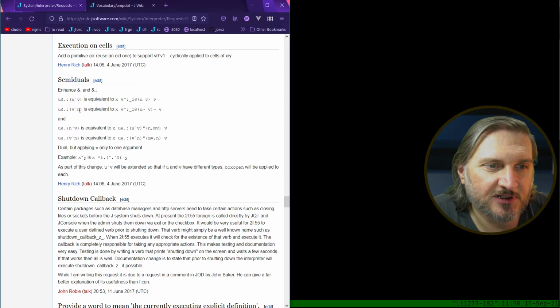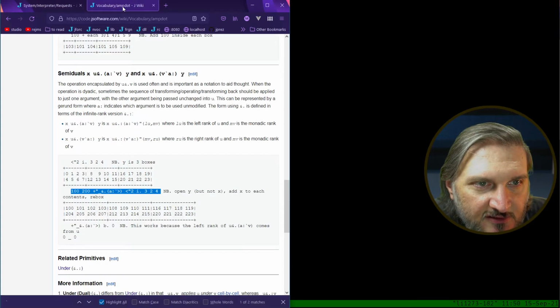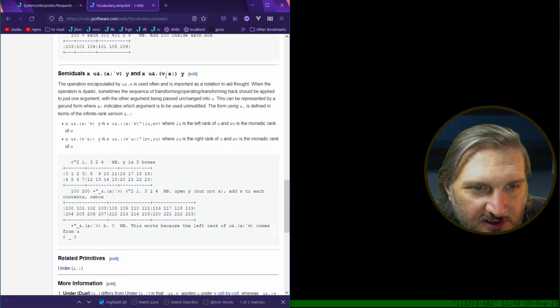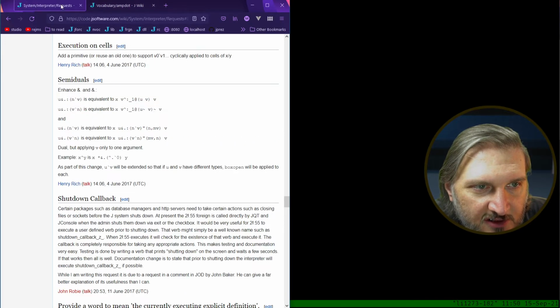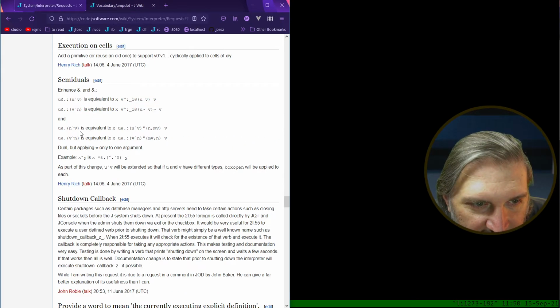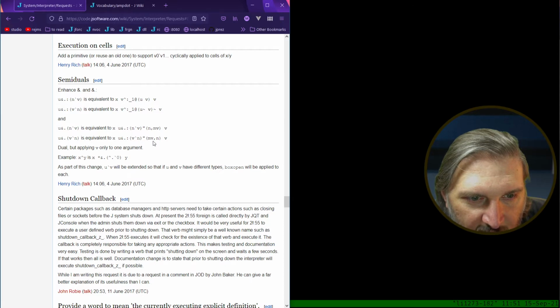Because it looks like the semiduals only support A as the ace is the argument. So is he saying that is equivalent to N M V?